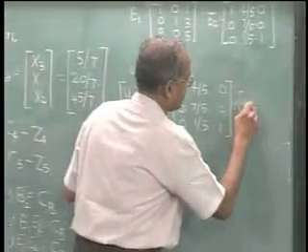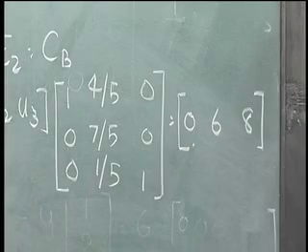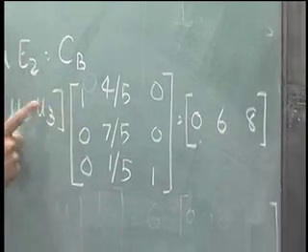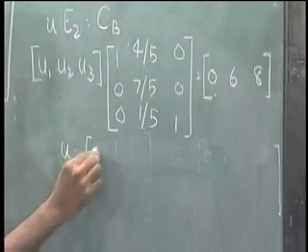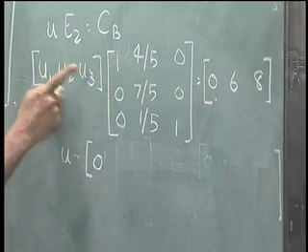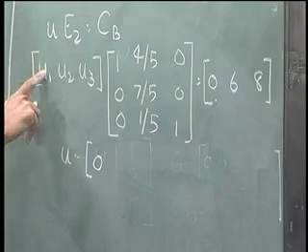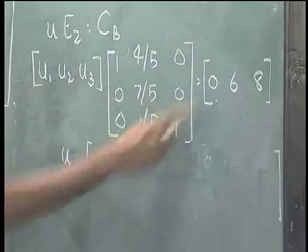From this we can find out that 1 into u1 plus 0 into u2 plus 0 into u3 is equal to 0. So, u1 is 0. From the third, 0 into u1 plus 0 into u2 plus 1 into u3 is 8.